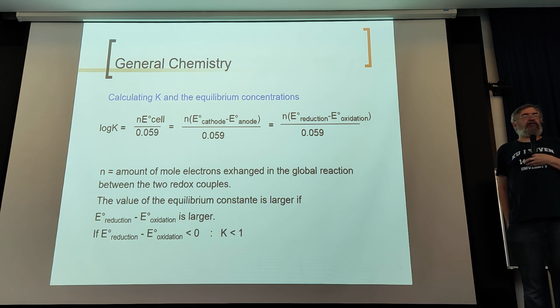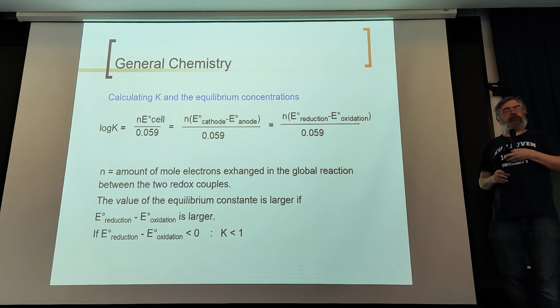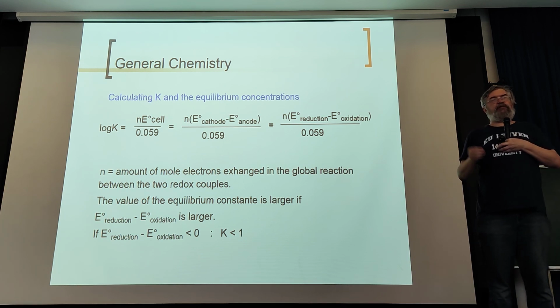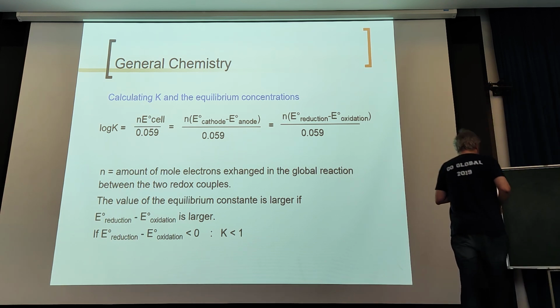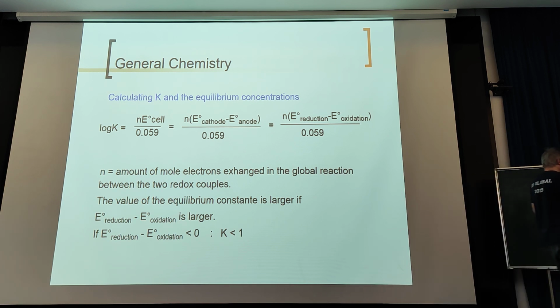So we cannot expect the reverse reaction to be spontaneous, because then you would let electrons flow from a negative potential to a positive potential. That's not spontaneous. In that case, your K will be way smaller than 1. And that will be a reaction that will go in the direction of the starting materials.